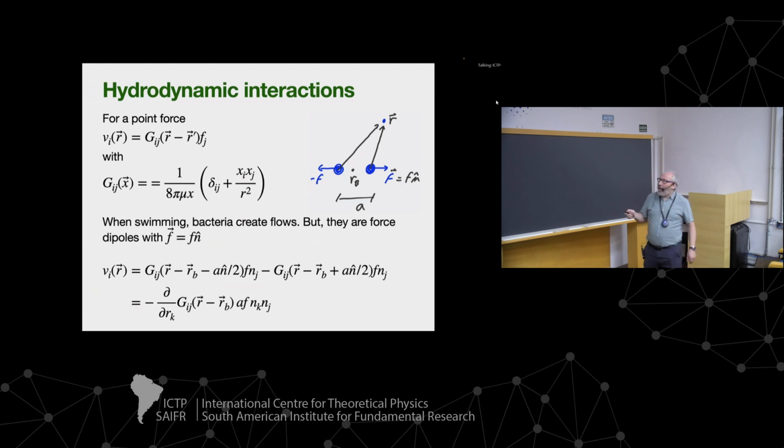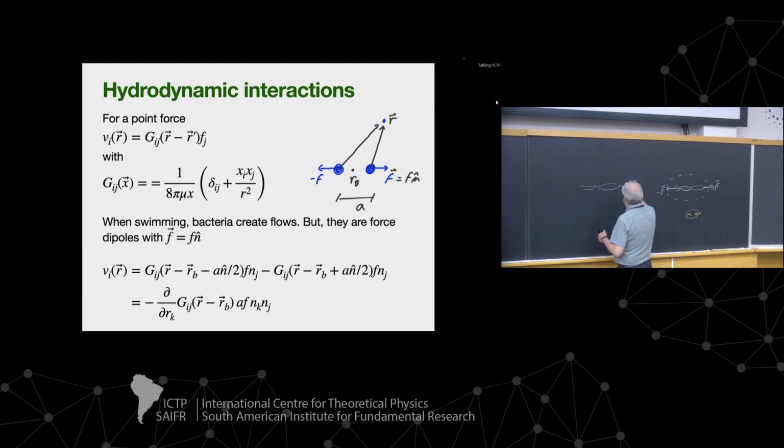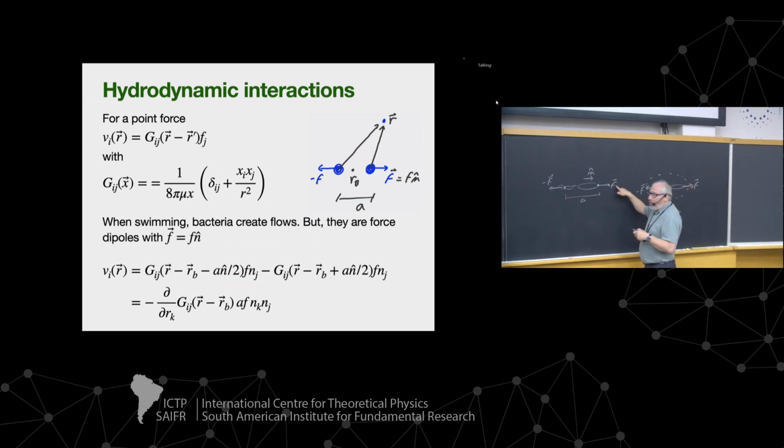I'm going to show that this is exact, but you can think that a swimmer is pushing the flow like this, with those vectors at these points. This is the distance a, and this is the swimming velocity, the swimming director that we have been discussing for AVPs and so on. As bacteria are aligned, this force is directed along the director.